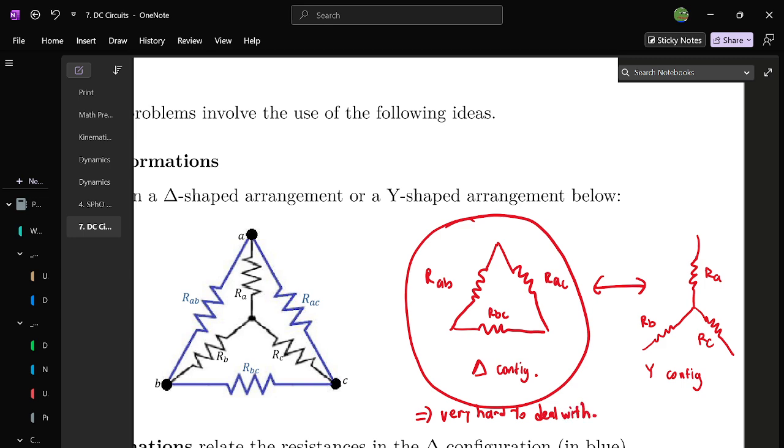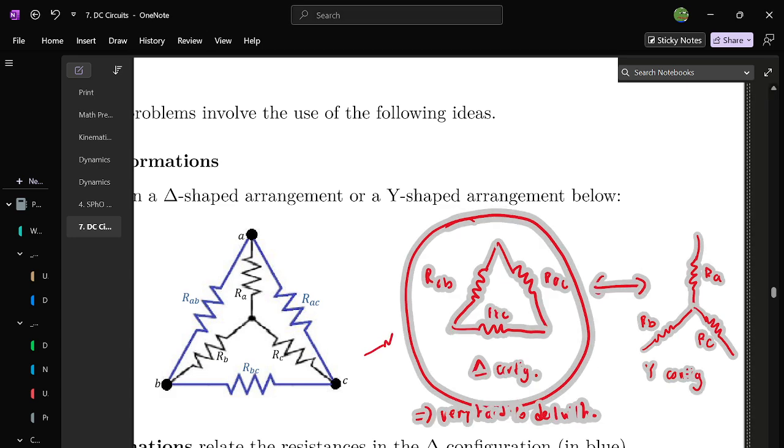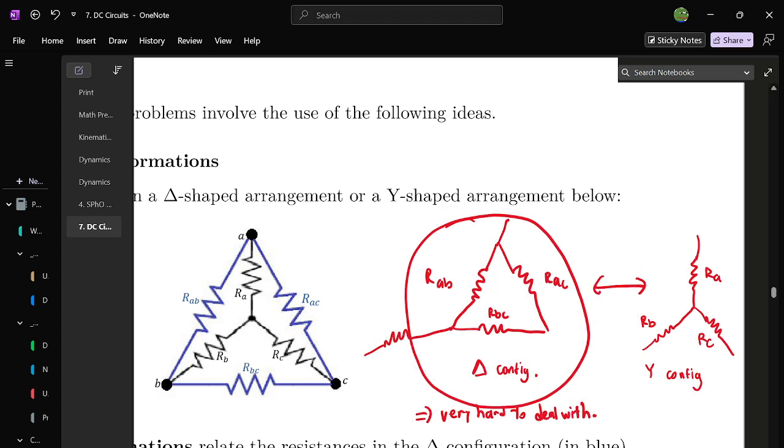For instance, if I gave you any random network, let's say you had a resistor like that, you had another resistor like that, then you have God knows what resistors here, stuff like that. Then it's quite difficult to deal with delta networks.